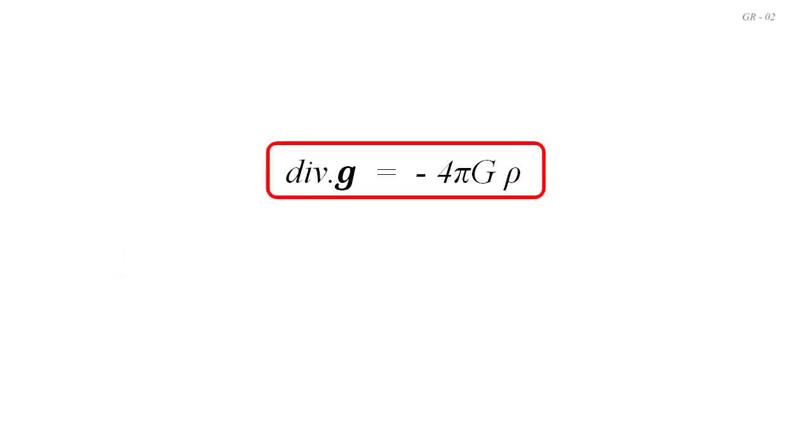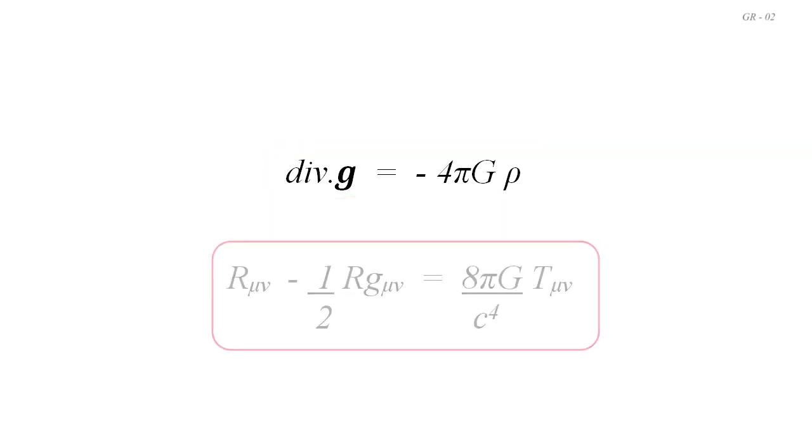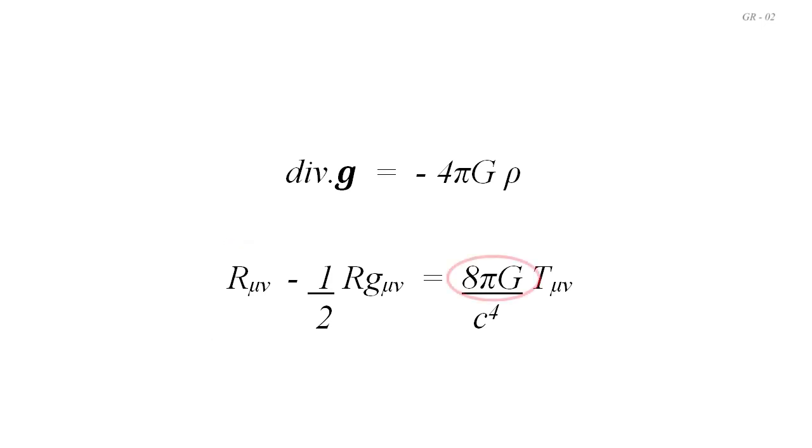Now, this relationship will be useful later, much later, when we come to consider Einstein's field equations, the equations of general relativity. In fact, this 8 pi G here in Einstein's field equations is basically derived from this 4 pi G here, the extra factor of 2 coming from somewhere else.